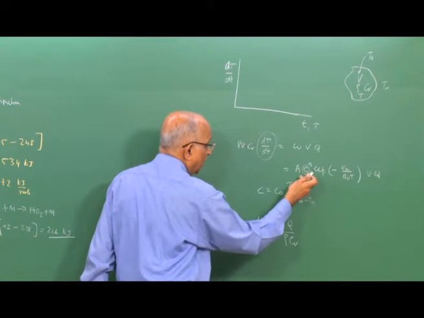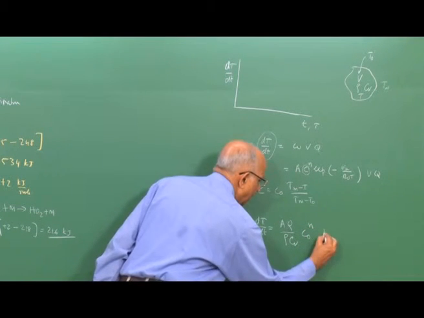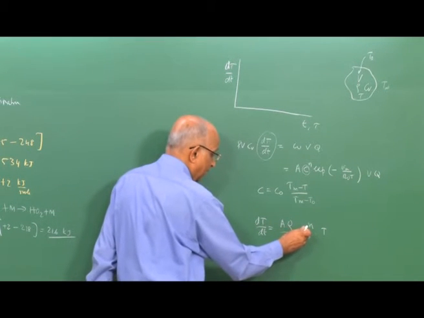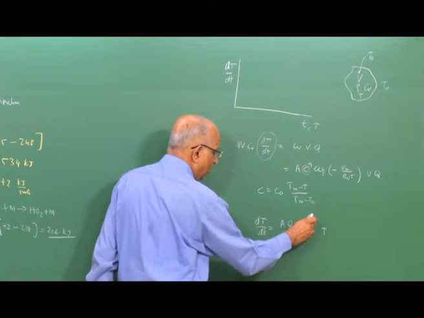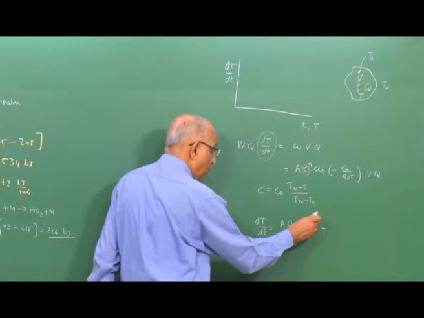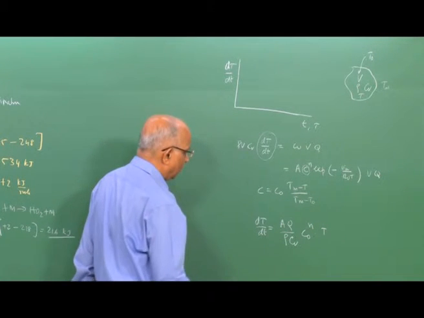Therefore, now we have only the value of C^n, so I can write C0 raised to the power n, where we are still considering an nth order reaction, or we say the rate of a reaction is proportional to C to the power n. n could be 1, it could be even 0, it could be 2 for a second order reaction, and we said most of the reactions have n equal to 2.